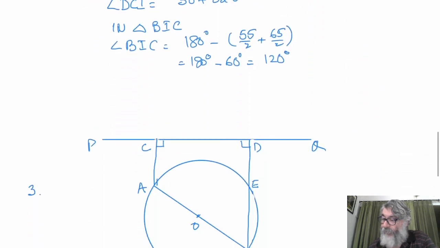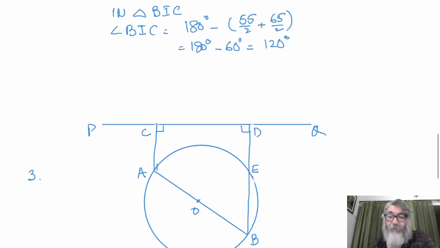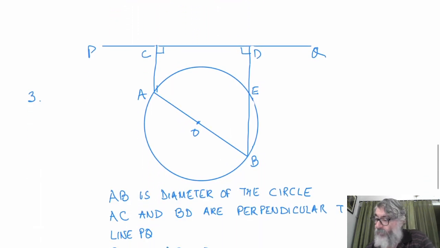Now let us see the third question. The third question says that a circle is given in which AB is the diameter, PQ is any line, and AC and BD are perpendicular to the same line.